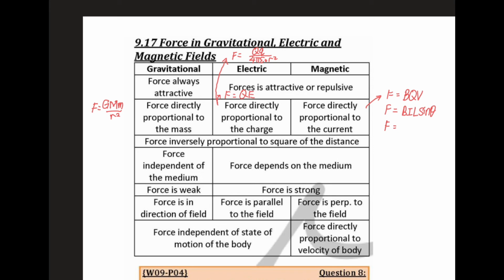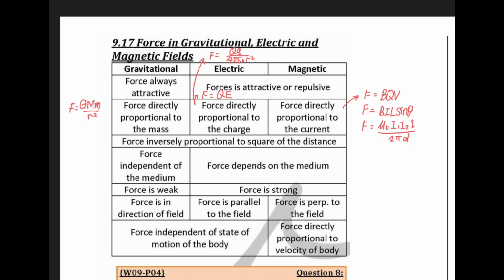So we have force equals mu naught I1 I2 times L over 2 pi d. Okay, so we have this also. I put a small note here. This is on page 4 of the notes.